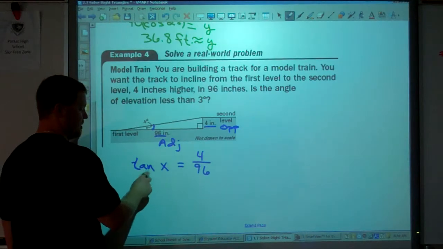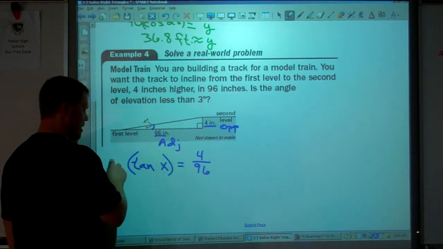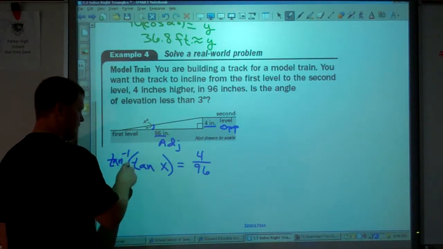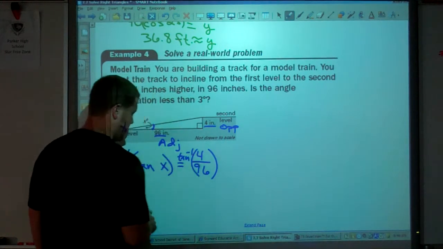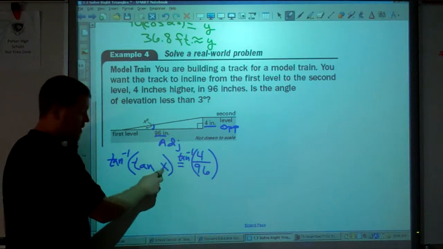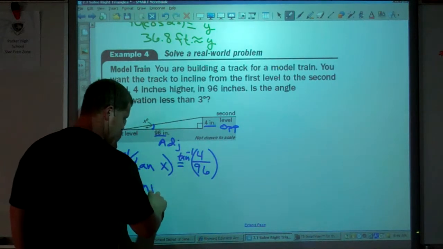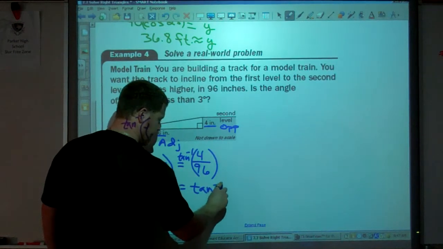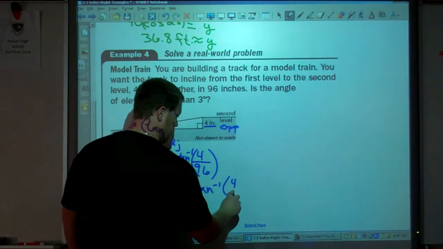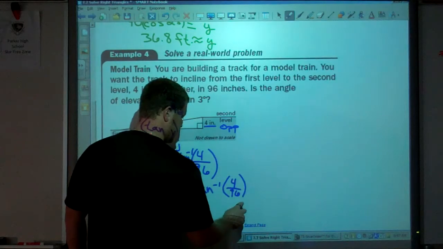Solving for x, we have to get rid of tangent. So now we are using the tangent inverse, on this side as well. Tangent inverse of the tangent of x. X is gone, so we're left with the measure of angle x equals the tangent inverse of 4/96.